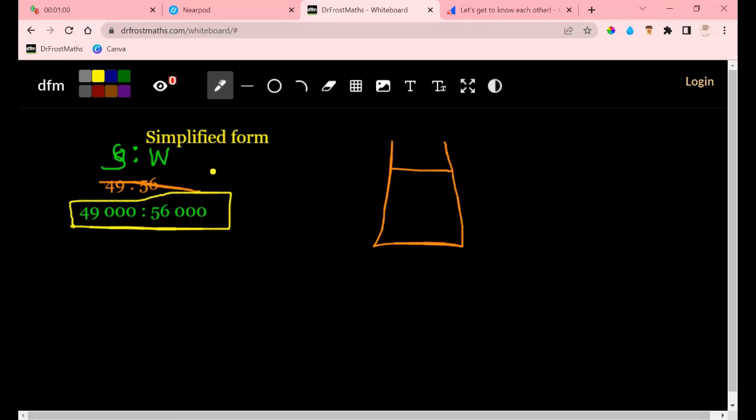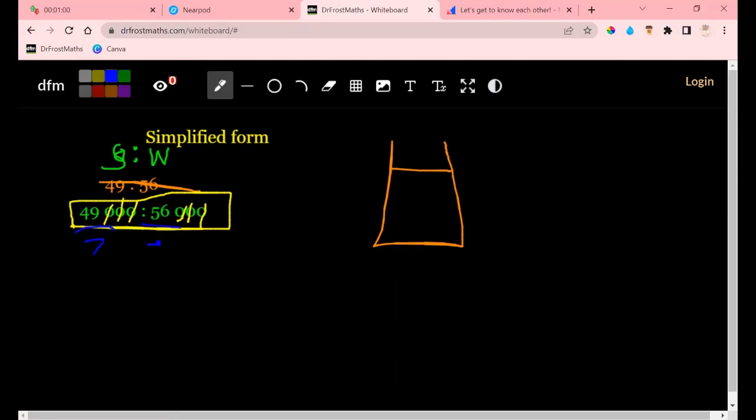The easiest method when you have zeros at the end is to cut the zeros. First, I'm going to cut these zeros. Now we have a smaller amount. So actually, we need to find a certain whole number that is both divisible by 49 and 56. I guess the answer is 7.